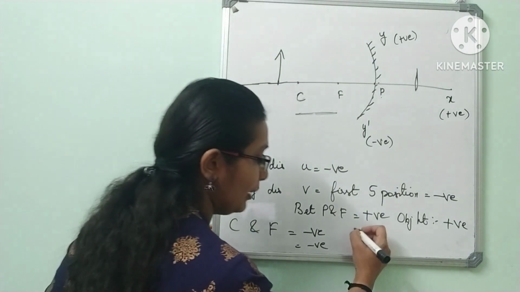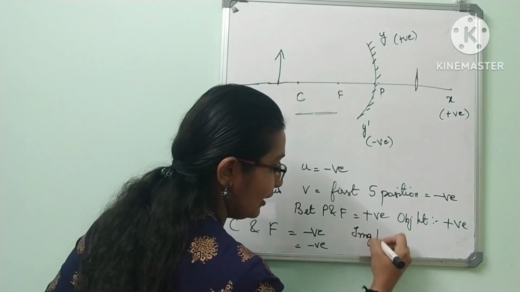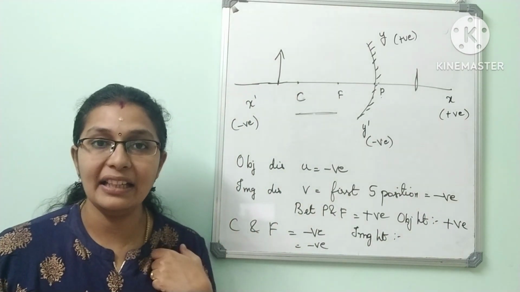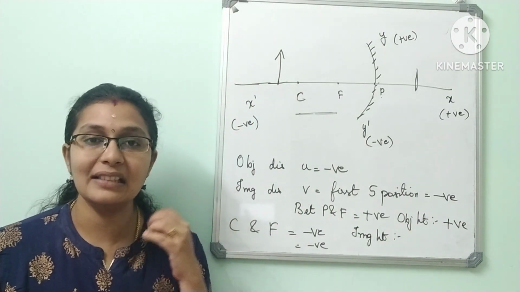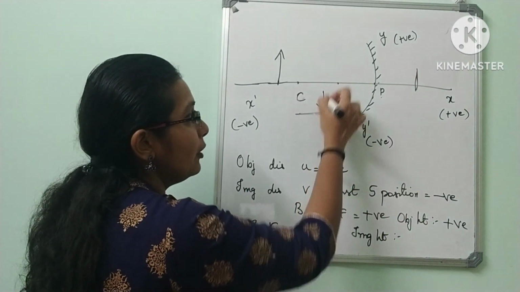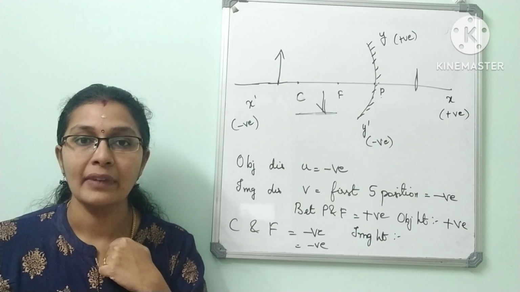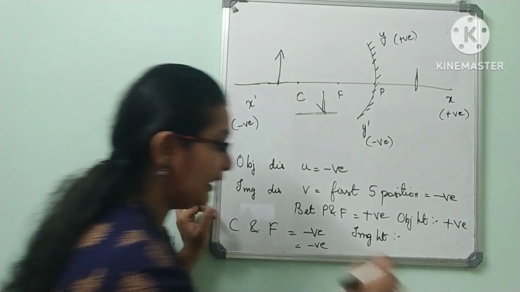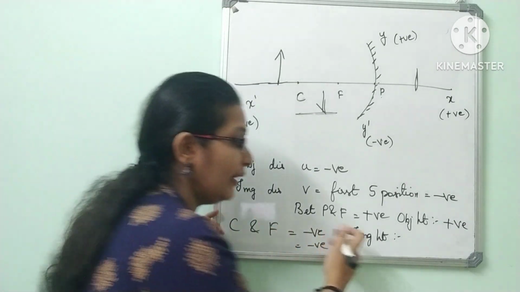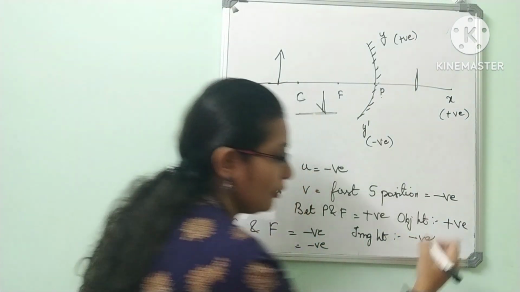Okay. Again, one more thing is image height. So image height has 2 cases. The first 5 cases are real and inverted. So inverted means the image is formed below the principal axis, right? Yes or no? Yes. So in those 5 cases alone, you will have image height as negative.